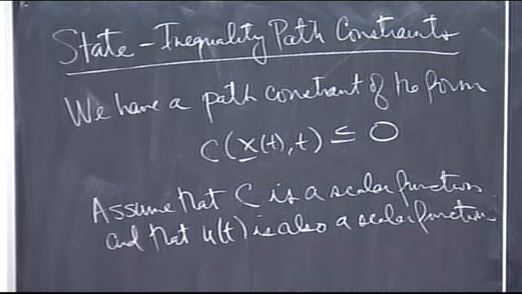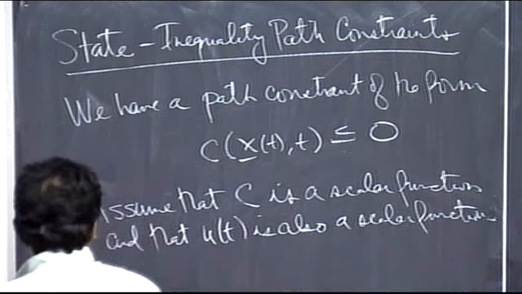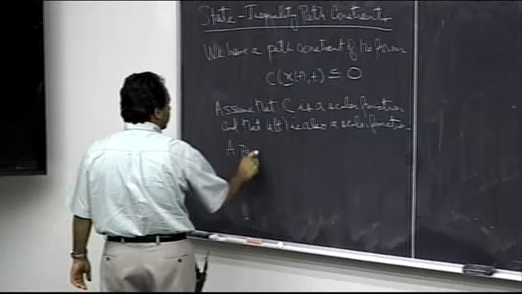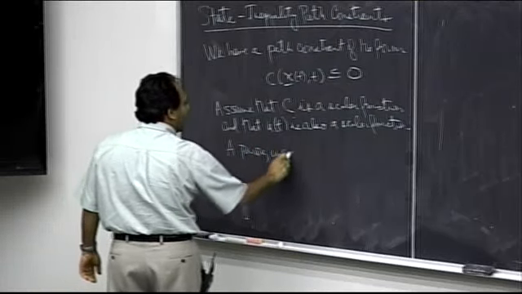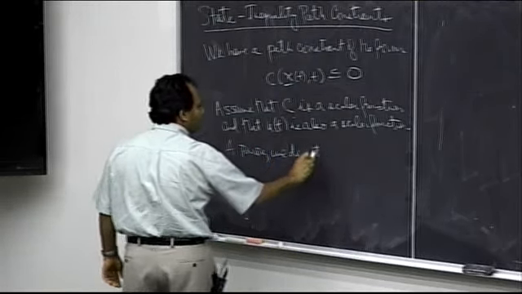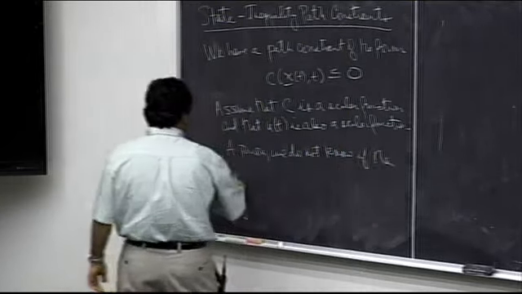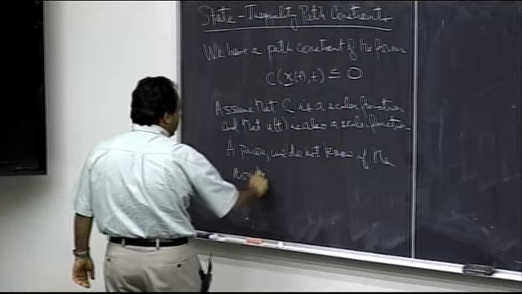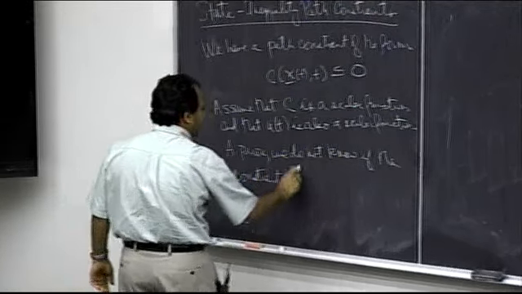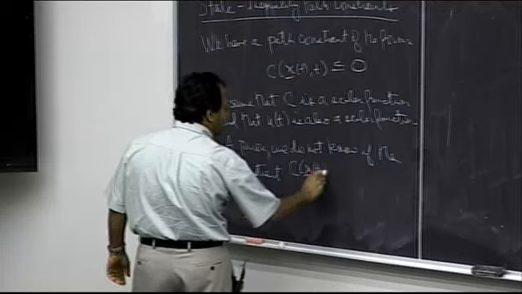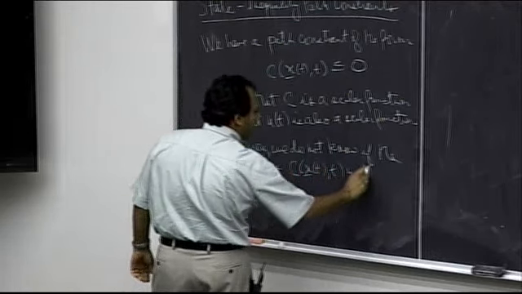really change much. Now, a priori, we do not know if the constraint C of x of t and t will be binding.